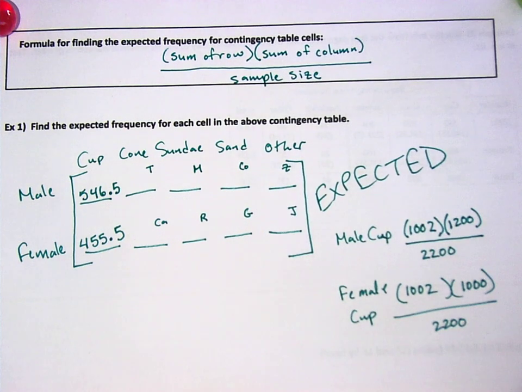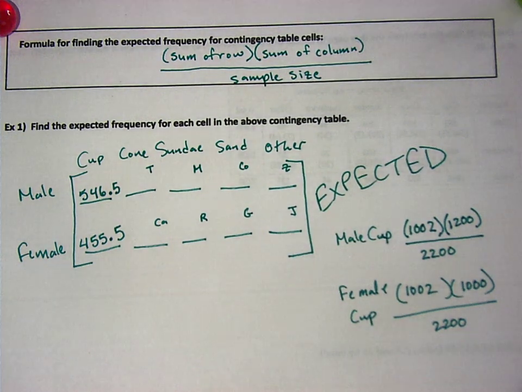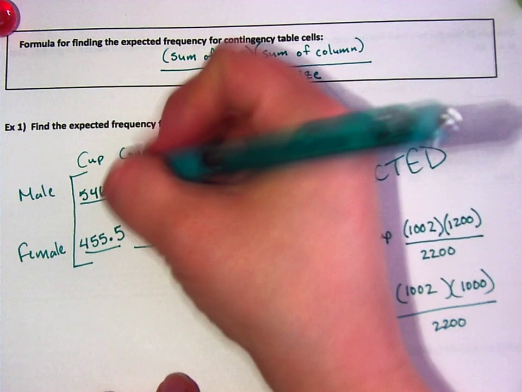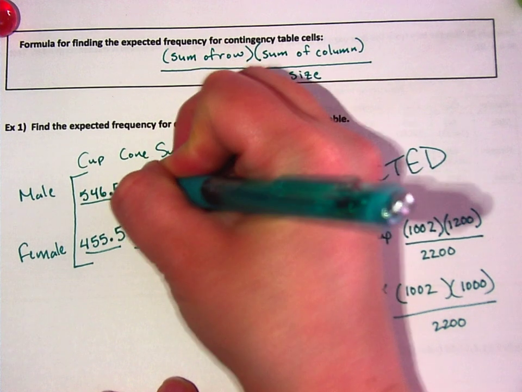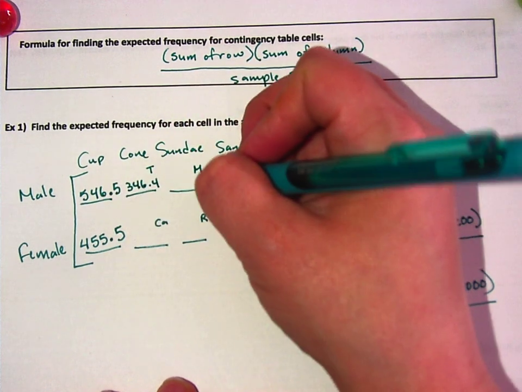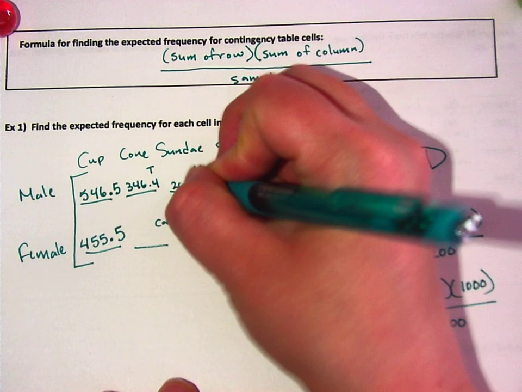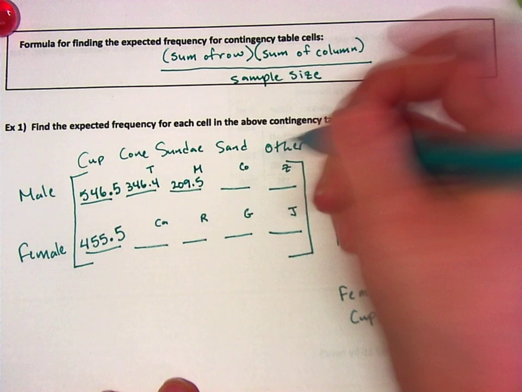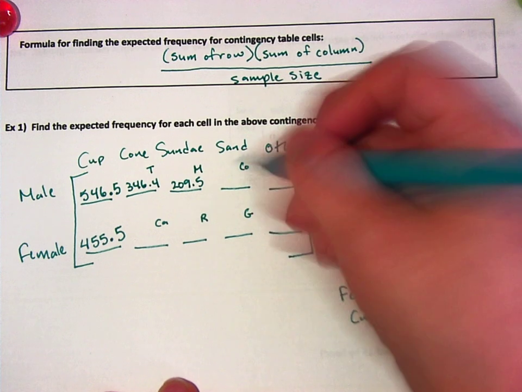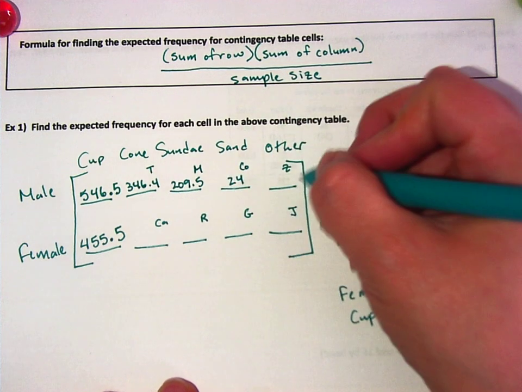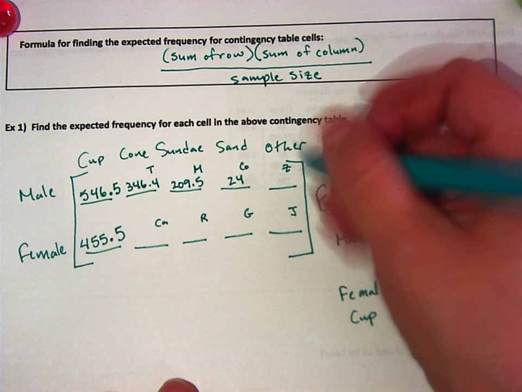Okay, Tegan. 346.4. Michael? 209.5. Cole? 24. Zach? 73.6.